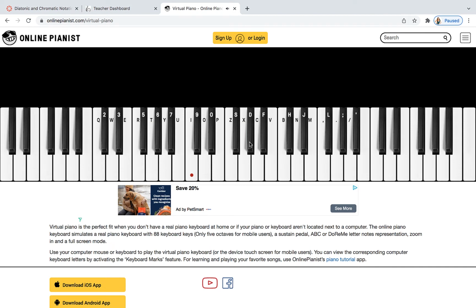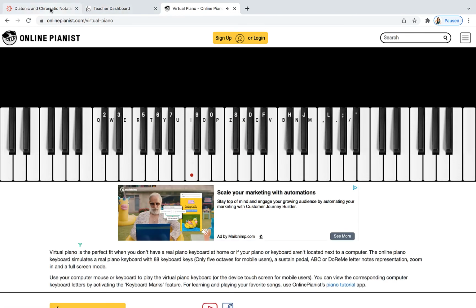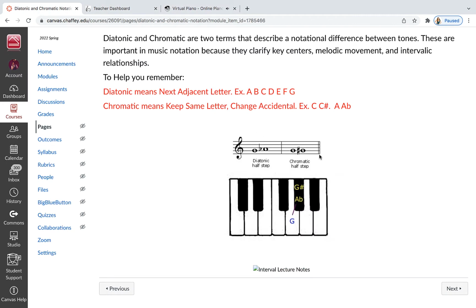So it sounds exactly the same. The only difference is in written notation, we can write it one way as a diatonic half step. I went a half step, but I called it G to A flat. See? Chromatic, I kept the same letter. G to G sharp. All right, sounds the same.